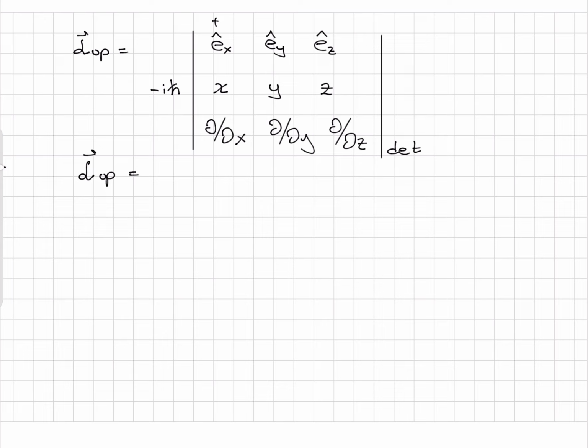And we're going to expand it with respect to the first row. So for the e_x hat part, we're going to have y del/del z minus z del/del y.